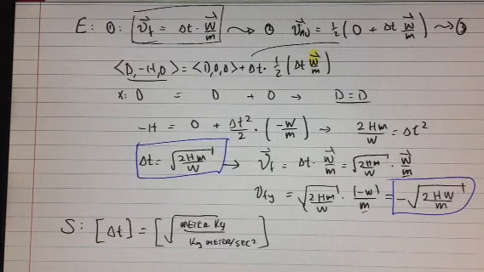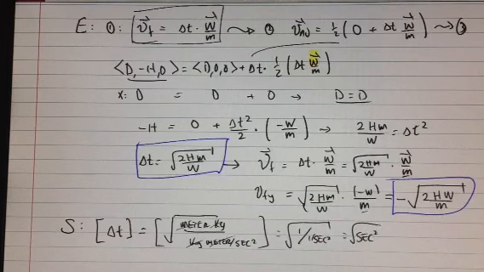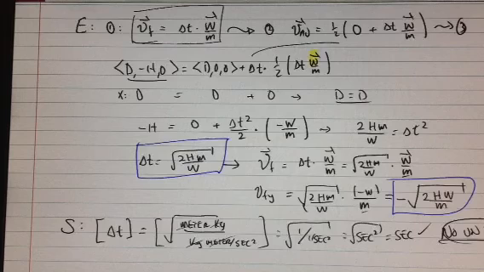So if I cancel a meter from the numerator and the denominator, cancel those kilograms, I get the square root of 1 over second squared, which is the square root of second squared, which is seconds. So that's the first thing. And there are no unknowns. So delta t is looking at least like it could be right.